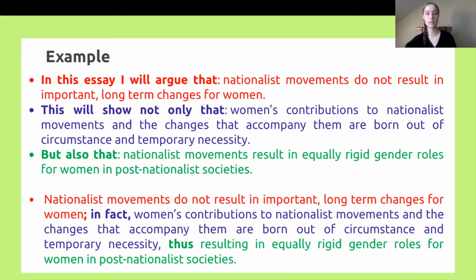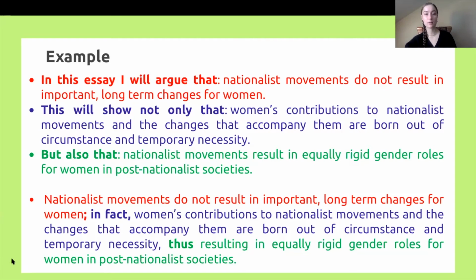This will show not only that women's contributions to nationalist movements and the changes that accompany them are born out of circumstance and temporary necessity, but also that nationalist movements result in equally rigid gender roles for women in post-nationalist societies. So this example honestly isn't that complex. It just happens to be a pretty complex topic that I'm discussing. So try not to get overwhelmed by some of these vocab words.